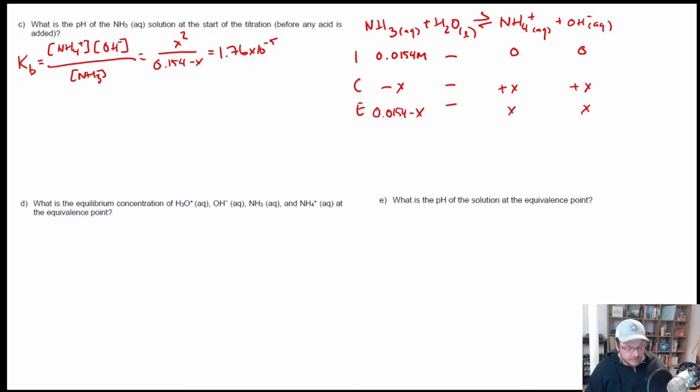So what we can do is simply attempt the 5% approximation first to keep things simple for ourselves. The 5% approximation is that we can consider the X right here to be negligible.